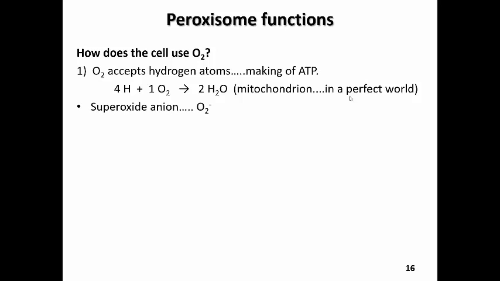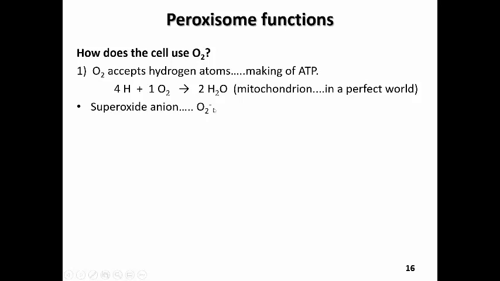However, the cell is not necessarily a perfect world, neither is the mitochondrion. Oftentimes, these biochemical reactions do not run to full completion. So, on occasion, a single molecular oxygen molecule will pick up only one electron off of these four hydrogen atoms.